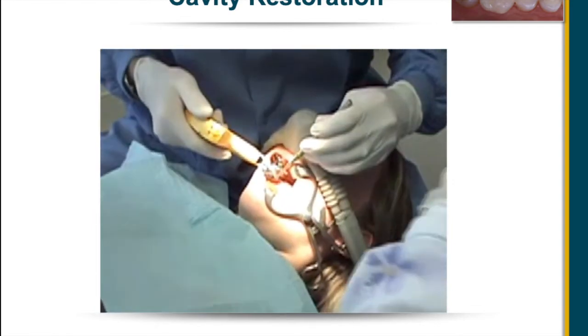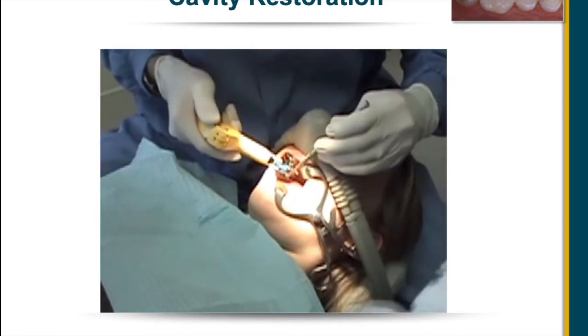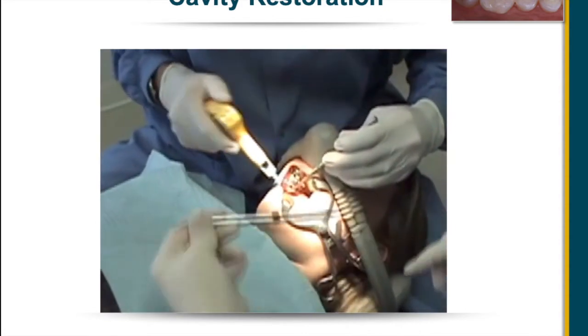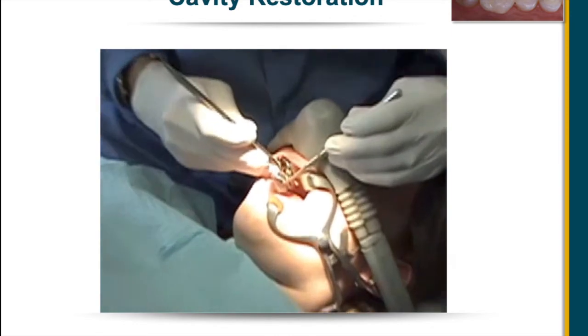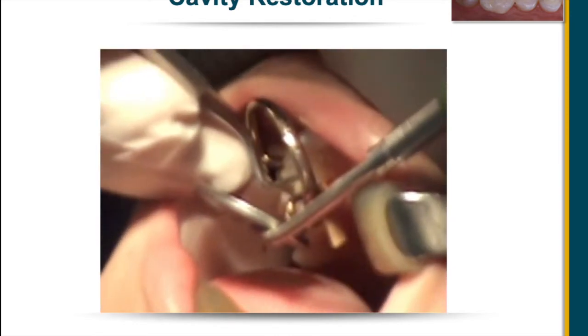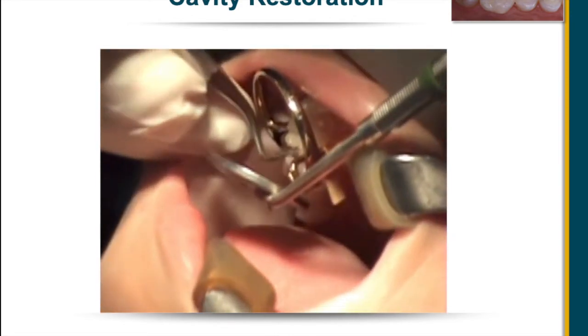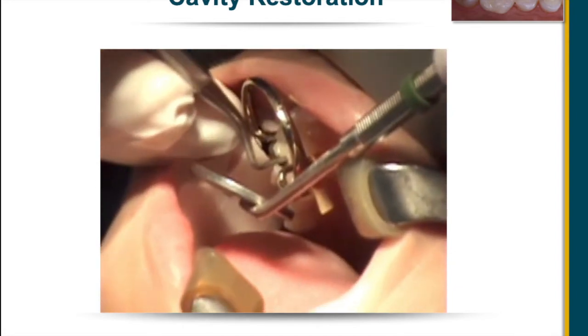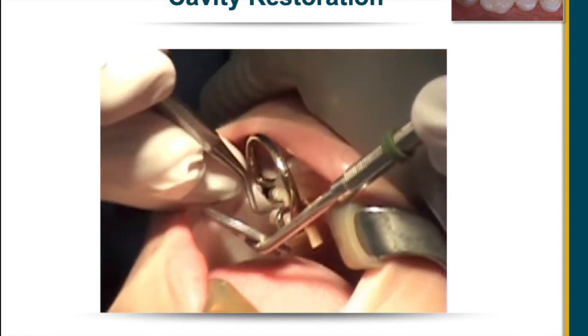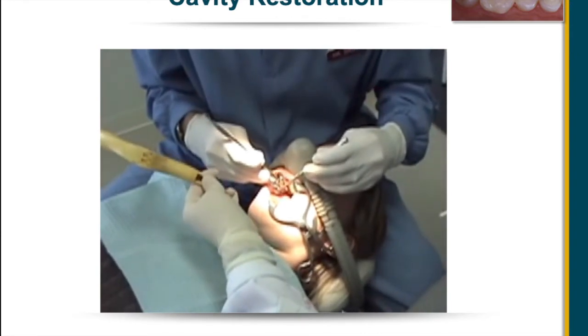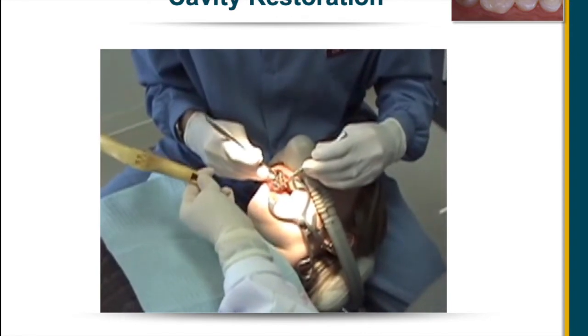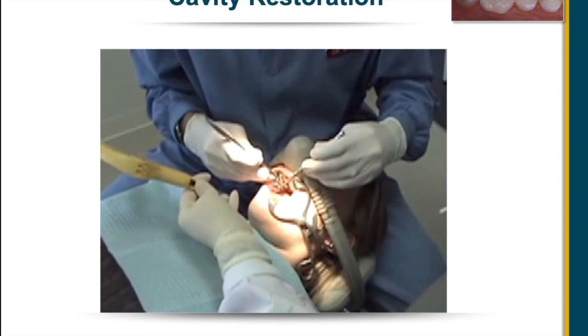As we go along here, you'll notice that the assistant never leaves the doctor's hand empty, or very rarely does. She always has the next instrument to place in his hand so that there's no wasted effort. He's using a small condensing instrument to make sure that the first layer of the composite material is down tight against the tooth. Then the assistant will return to him the composite material after a light cure.